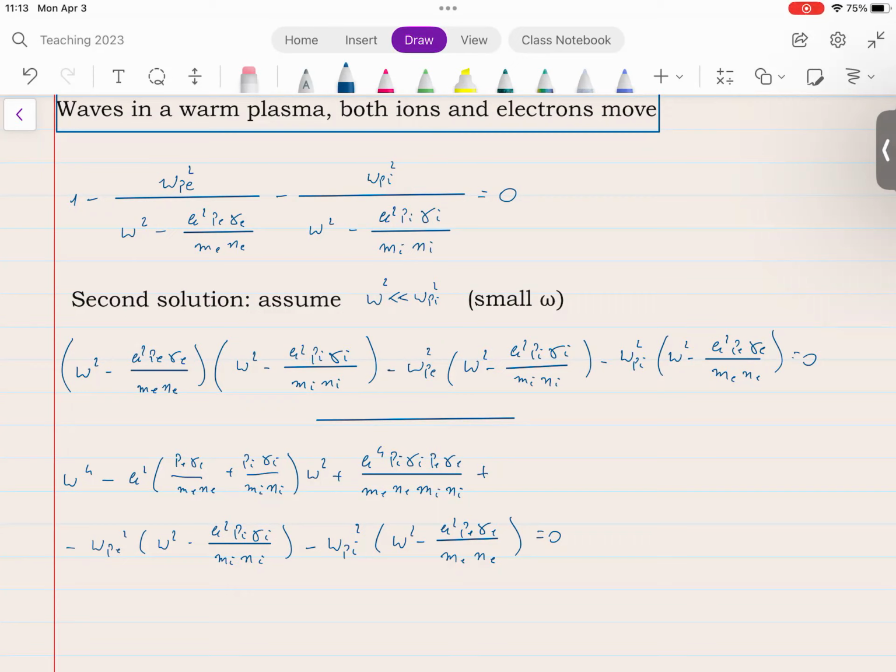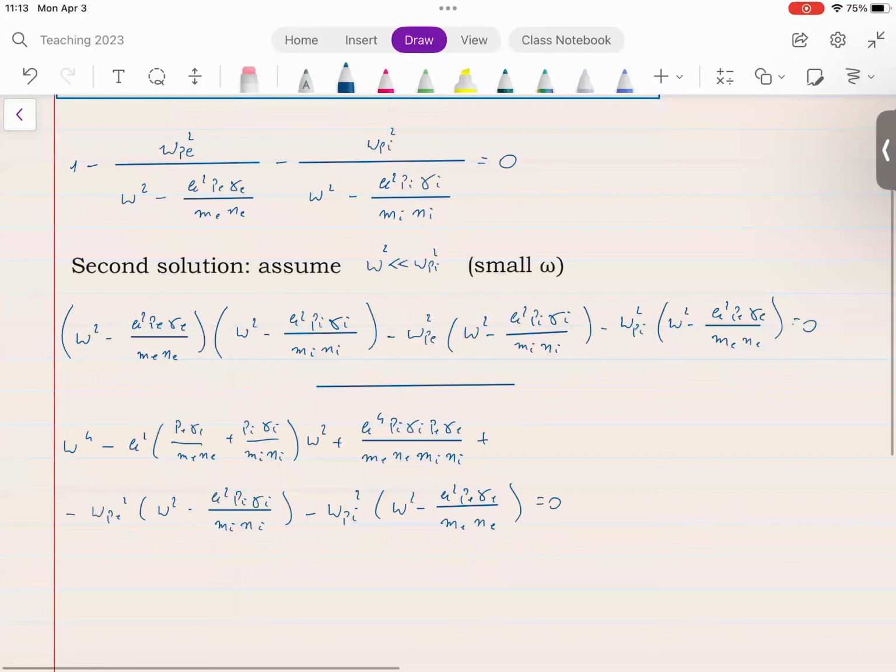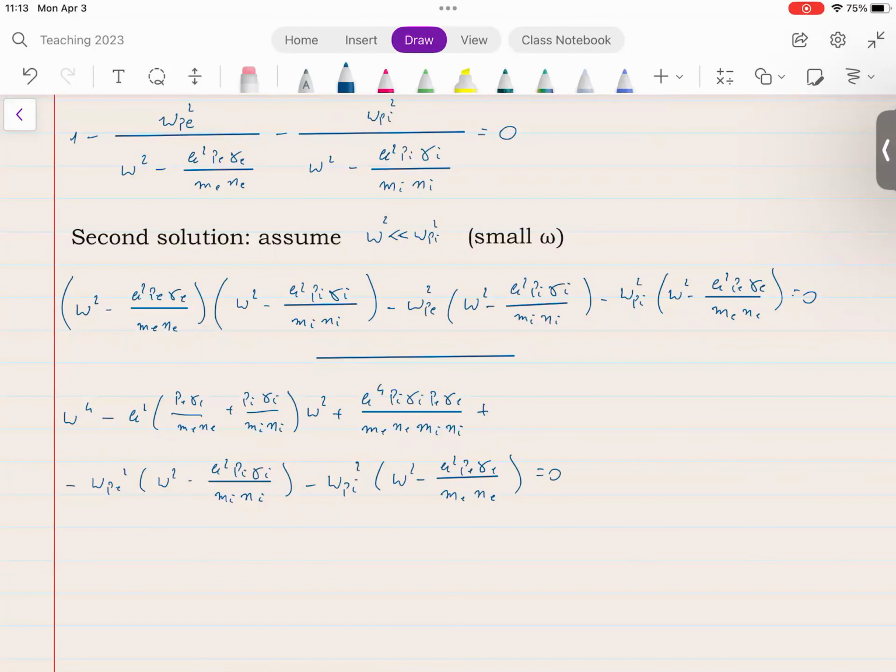You're going to be able to do that for at least some terms just by using the assumption that omega is small. For other terms, you have to make some additional assumptions that hopefully will be physically based.